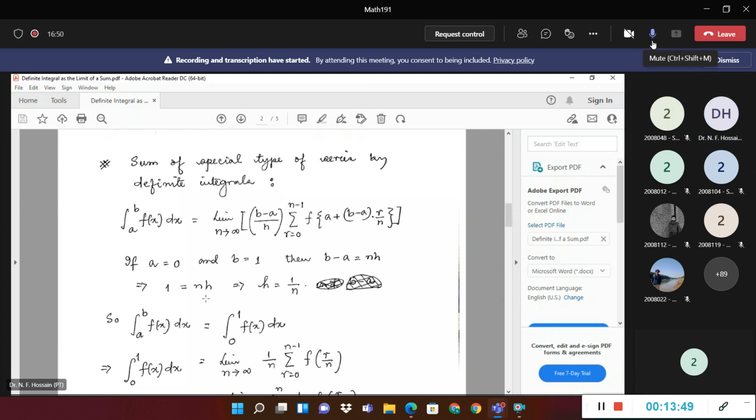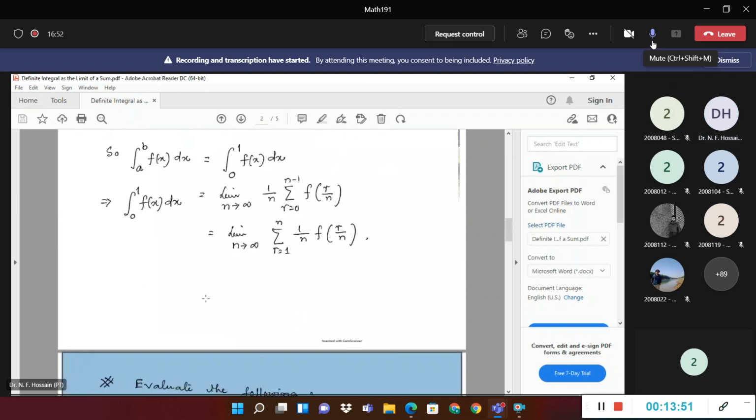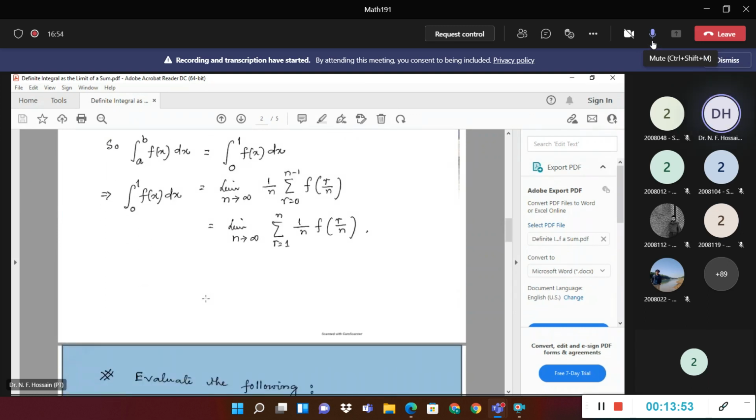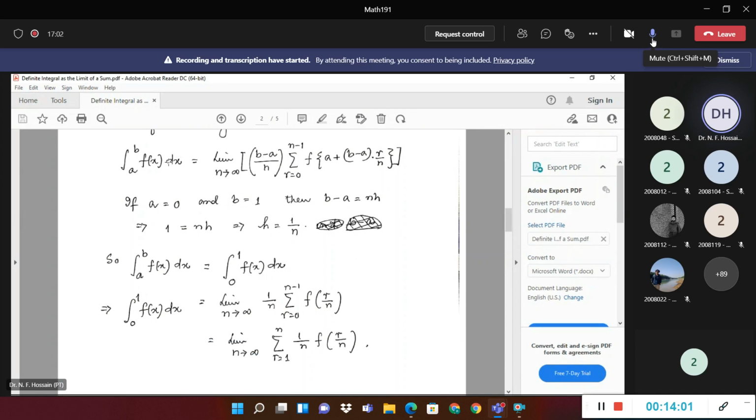Ma'am, can you please explain why it is 1 and 0? Sorry? Why it is 1? This is just a special case. If you take a equal to 0 and b equal to 1, then you get this definition actually.